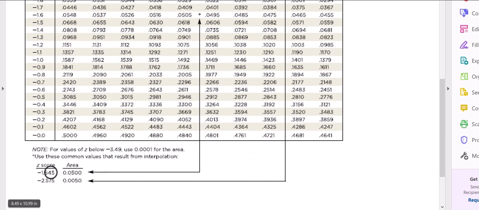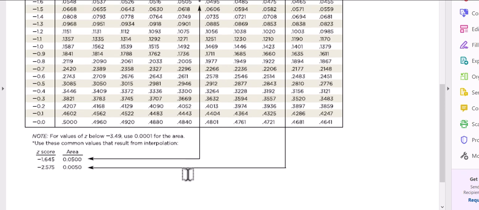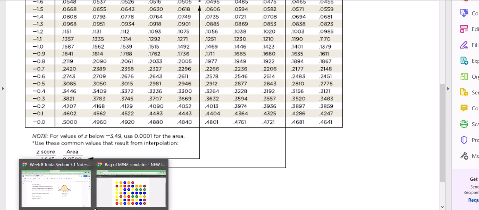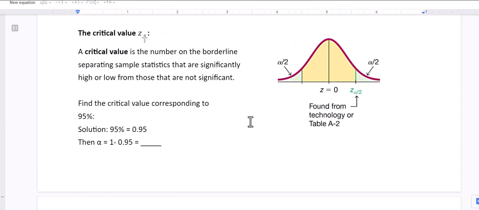If I follow that arrow, it tells me that the z-score for an area of 0.05 is negative 1.645. My critical value will be the positive one, though, so it will be positive 1.645. And that will be the one that I would use for a confidence level of 90%.